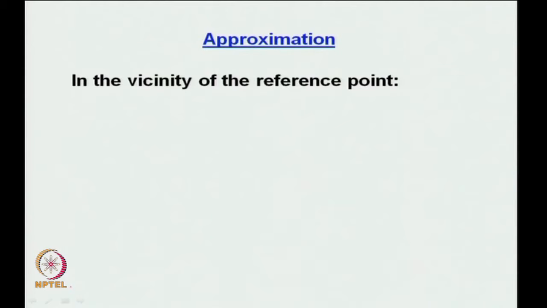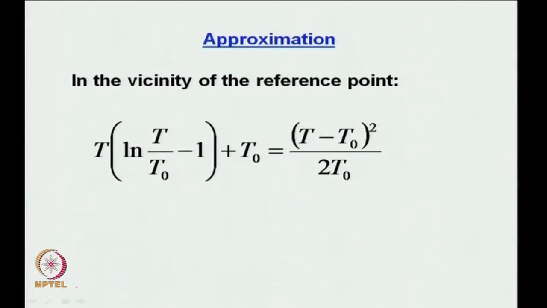So now, having taken that delta G expression, we do an approximation. The approximation is in the vicinity of the reference point. This approximation we have seen before: we do a series expansion of the natural log, and then we can write T of ln T over T naught minus 1 plus T naught is equal to T minus T 0 whole square over 2 T naught, or T 0, which is a reference temperature.